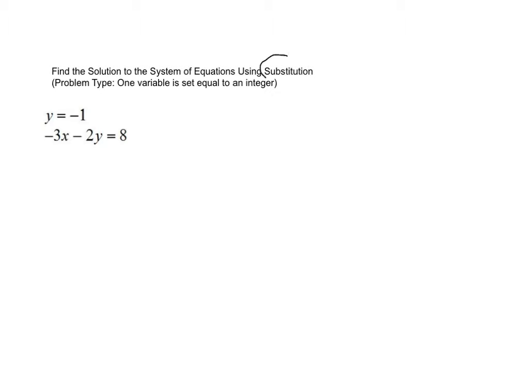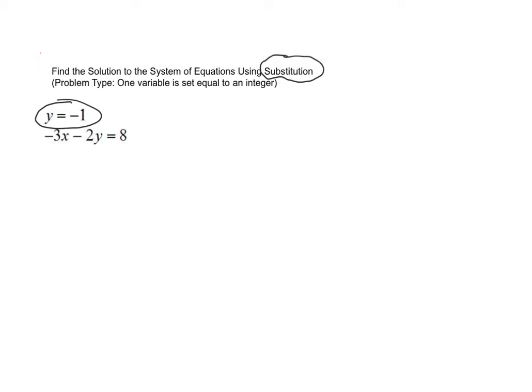So what is substitution? Substitution is basically to take something and replace it with something else, to substitute. So when I have my equation, I have y equals -1, and then I have -3x minus 2y equals 8. Well, I already have a variable that is isolated, meaning y is equal to something.